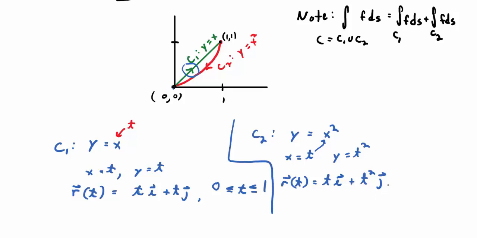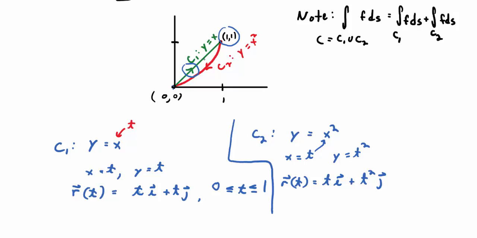Here, I'm going to show you a trick that not every teacher will show you, but this is going to make your life easy. Notice I created this parameterization not so I would start at (1, 1), but that's kind of how you'd think it would be, right? You're going to start at (0, 0) and end up at (1, 1), and then maybe you'd want to start at (1, 1) and travel down the curve in red.